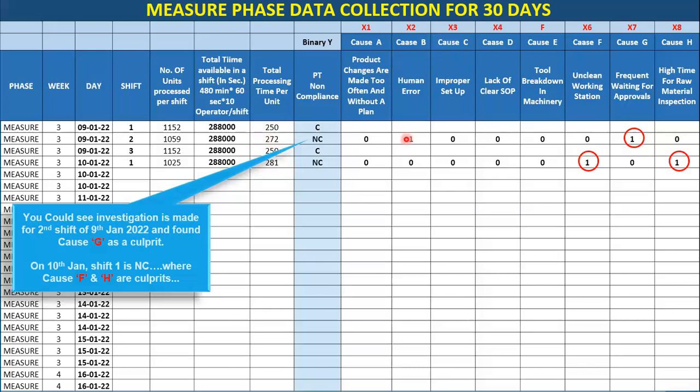Let me repeat: human error and frequent waiting for approval caused fewer units to be produced in a given shift, and that is why total processing time per unit is higher than the client given target of 270 seconds, and that is why it is NC. Likewise, we'll continue with the third shift.